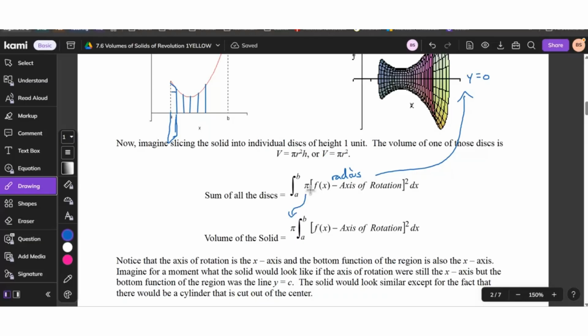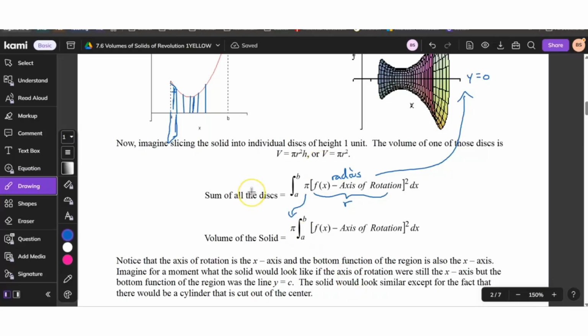So why not pi r squared? That is what we just did. So the f of x minus the axis of rotation tells us the radius of that disc. It has to be a function because it's different. Here my radius is less than my radius here, so it needs to change.